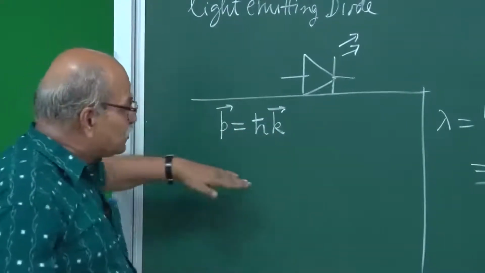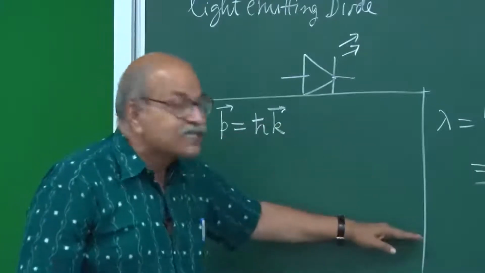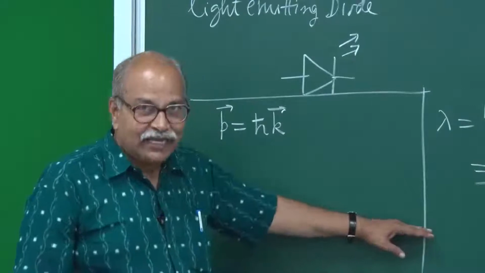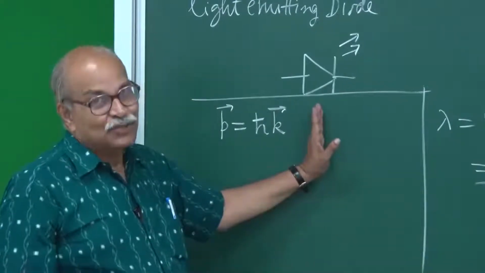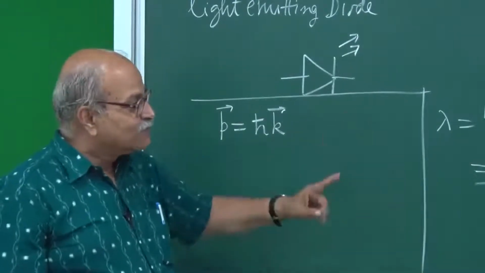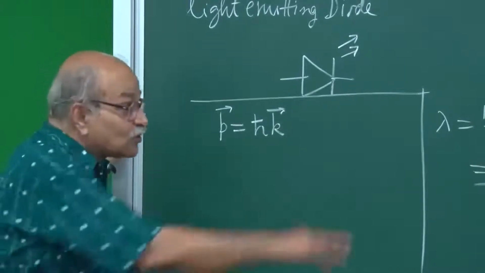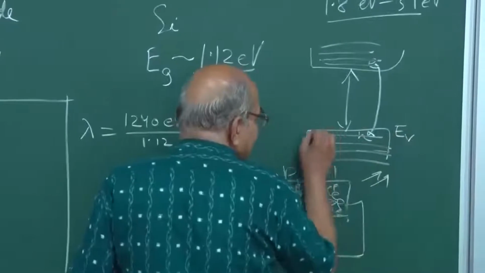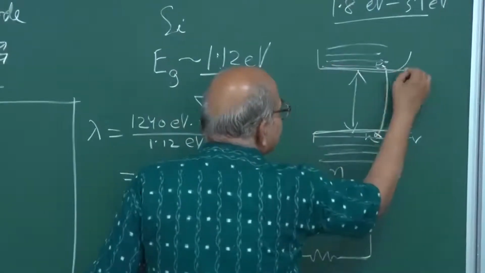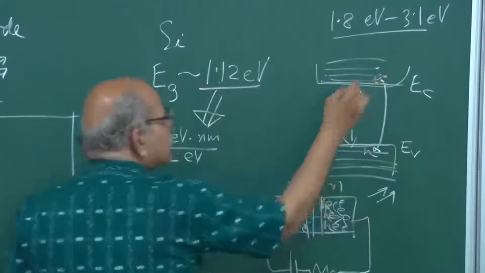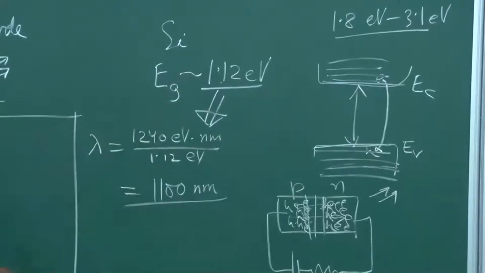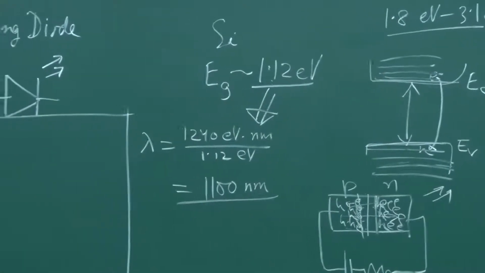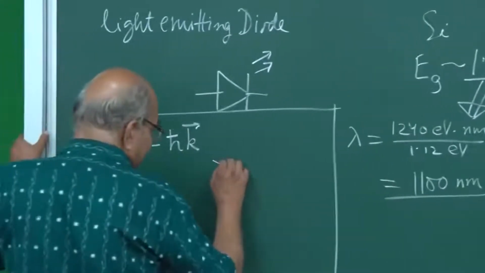If you take energy versus k, with k on the horizontal direction and energy in the vertical direction, then this band diagram will not look like that. If the lowest conduction band energy is EC and the highest valence band energy is EV, then it could be something like this.